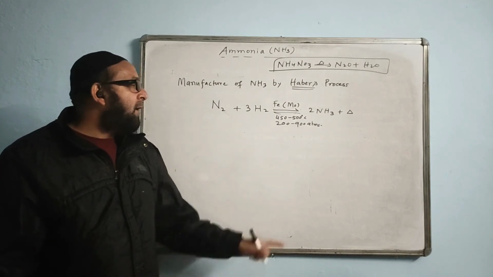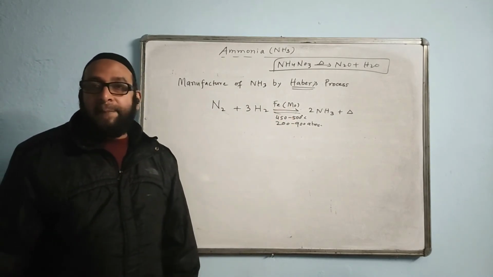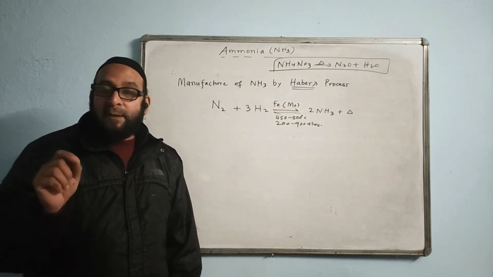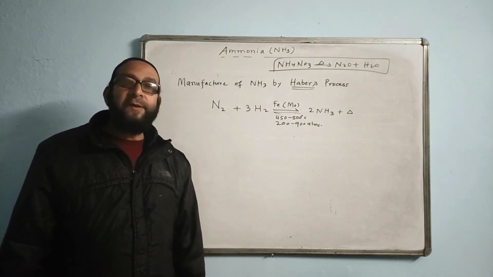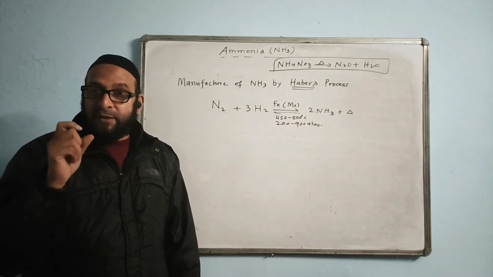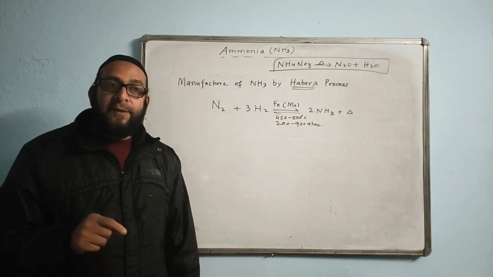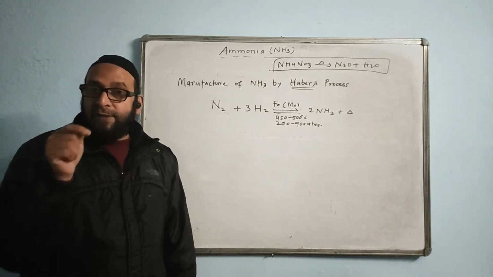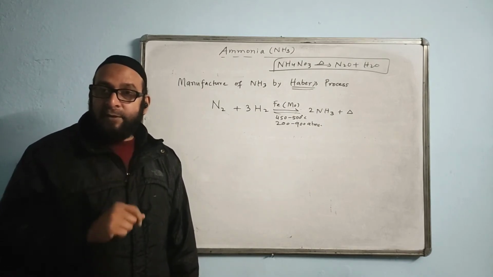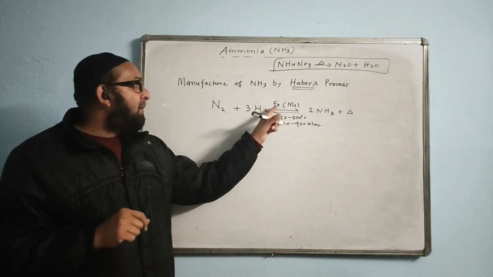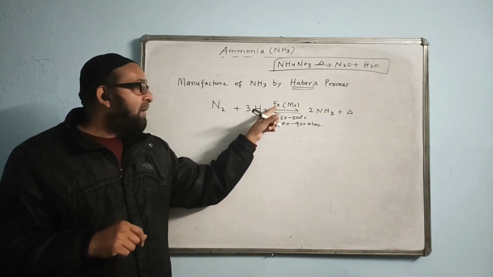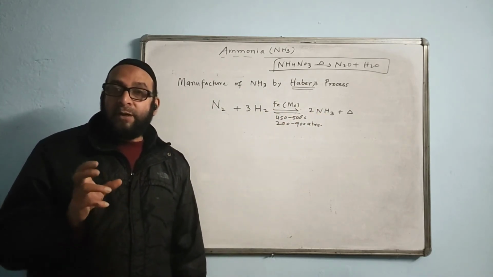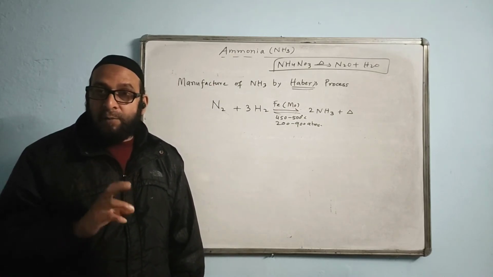This is molybdenum, capital MO. Molybdenum acts as a promoter. What is a promoter? A promoter is a substance which increases the efficiency of a catalyst without reacting with it. A catalyst increases the speed of reaction, but the catalyst may be poisoned sometimes and may not function properly.